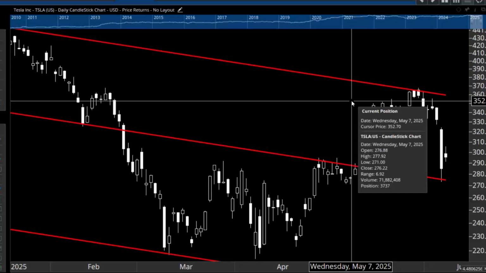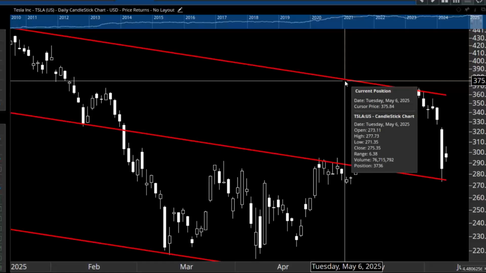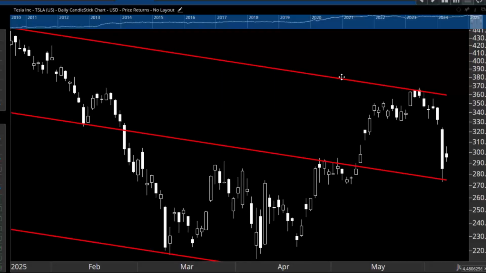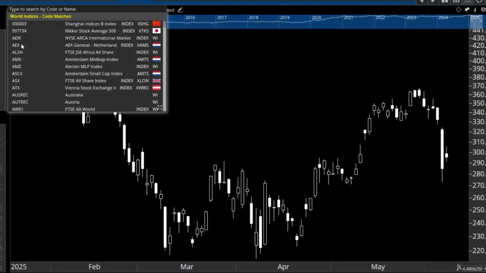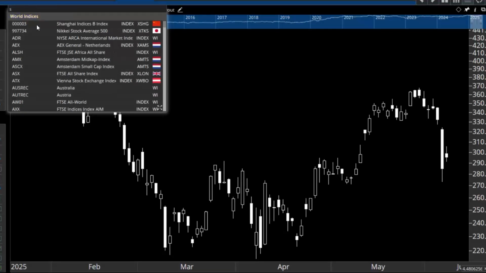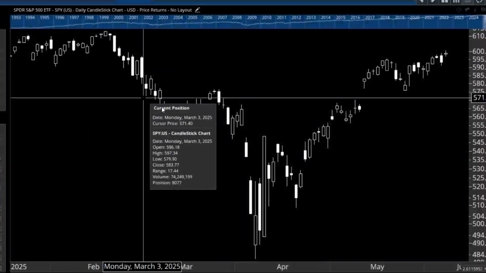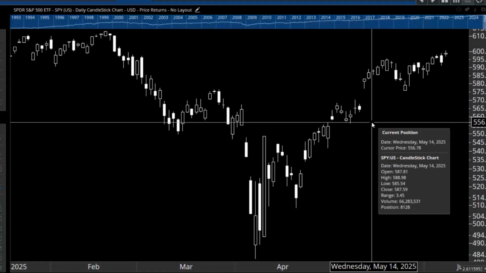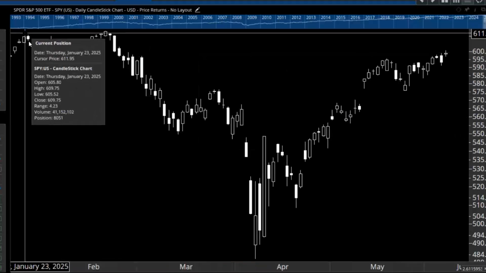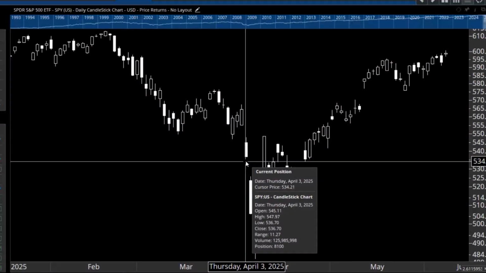Now, let's go ahead and delete this. Let's go to the S&P 500 again. Let's type in SPY. And other things I will do, in addition to using multiple data points altogether, technicals and fundamentals, is also use multiple different technical approaches together.